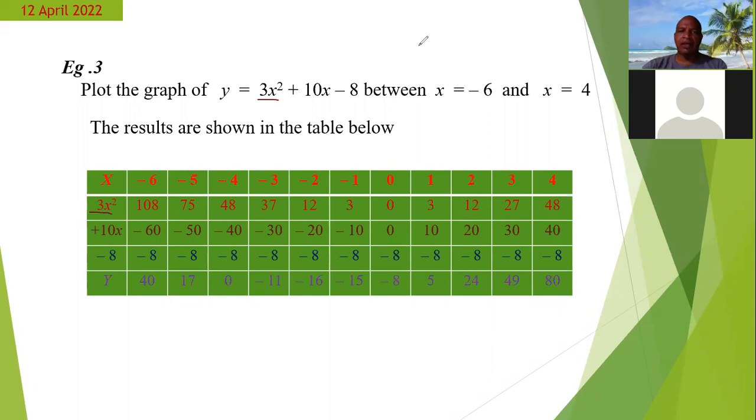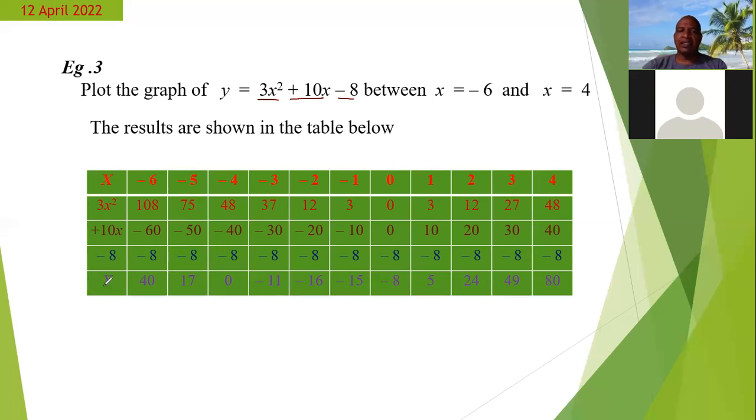All right. Now for your third row, we're going to put in the positive 10x in this row. So for this row, whatever your x value is, you're going to multiply it by 10. All right. And then for the next row, which is the fourth row, we're just subtracting 8 all the way through.